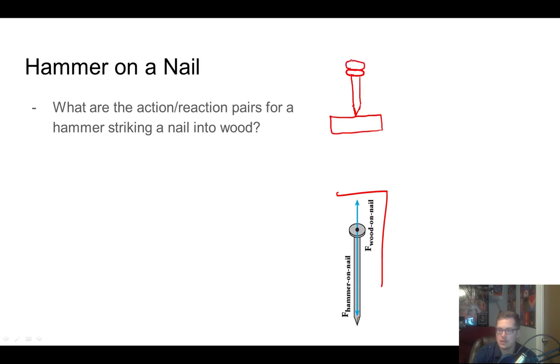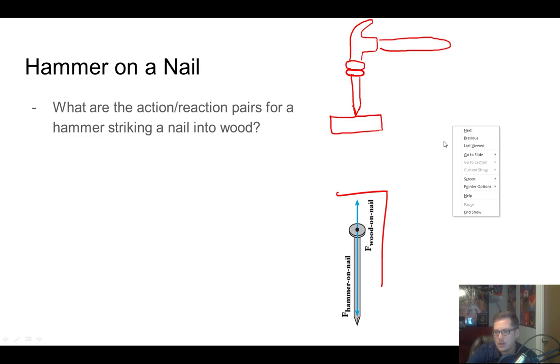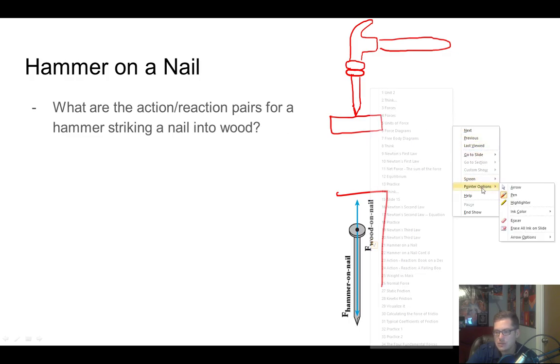It's going to be a claw hammer because they're the best kind of hammers. And this hammer has some sort of handle to it. Nice. So there's our hammer. Now let's think about what action-reaction pairs are going on.